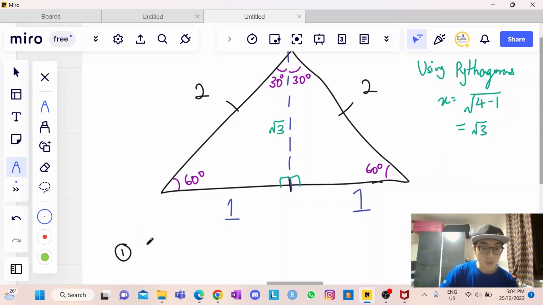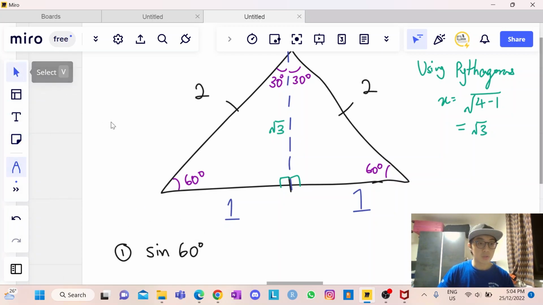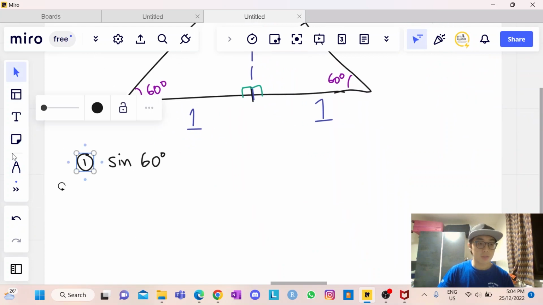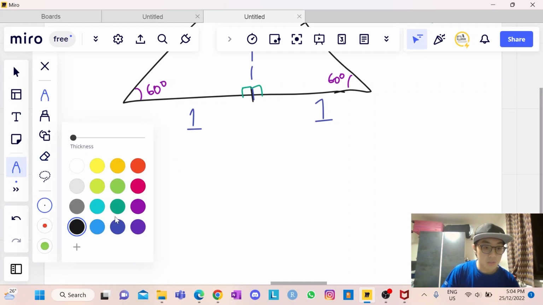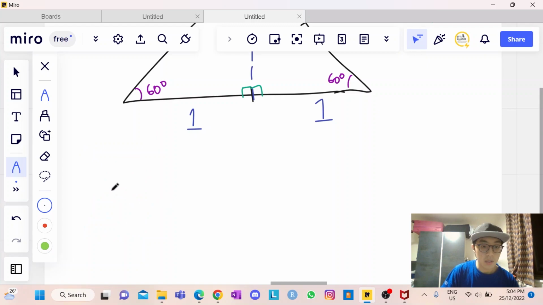Okay, so sine 60, or I should change the way of writing it so I can save more space. I'm going to draw a table. In this table right here, I'm going to use the black color.